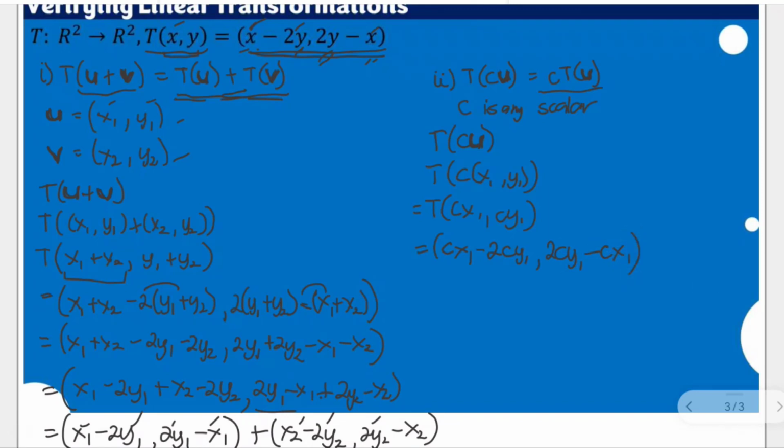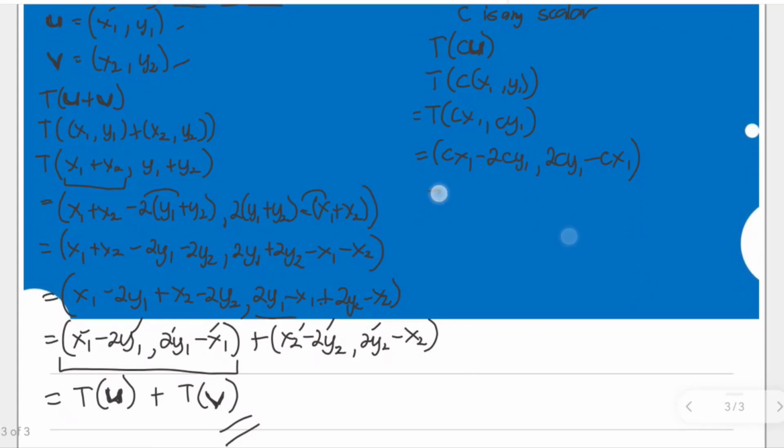Since our goal is to get C outside the transformation, let's see if we can factor C. Factoring C, x sub 1 minus 2y sub 1. Factoring C, 2y sub 1 minus x sub 1. Since C is present in both entries of this vector, we can take it out.